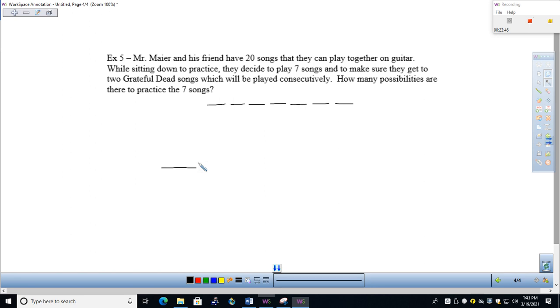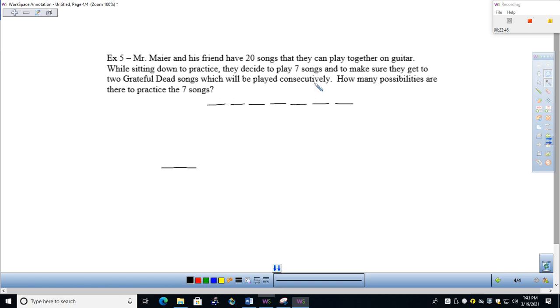And so the first thing we have to do is meet the conditions of the problem. And the condition is specifically make sure they get to 2 Grateful Dead songs which will be played consecutively. So how many ways can that occur first? Then we can start thinking about ways to play the other songs.